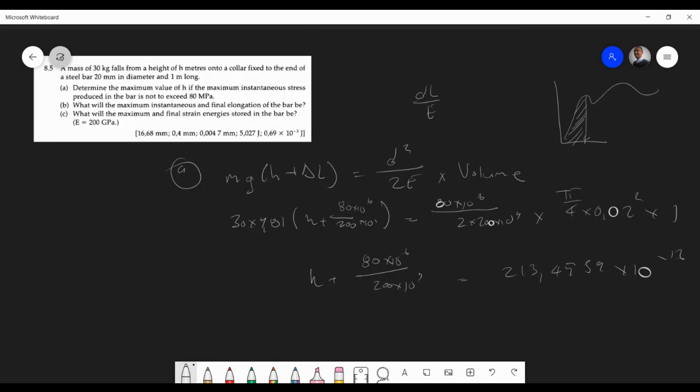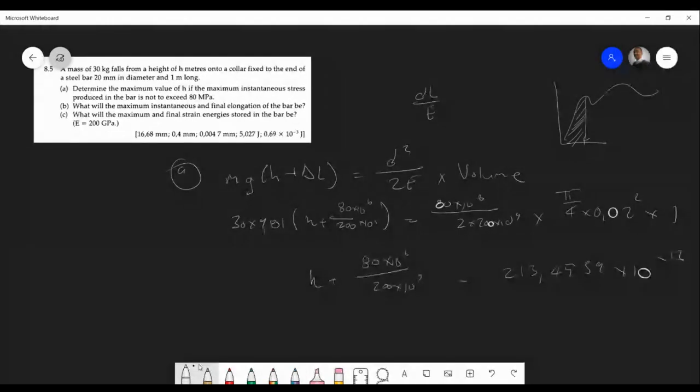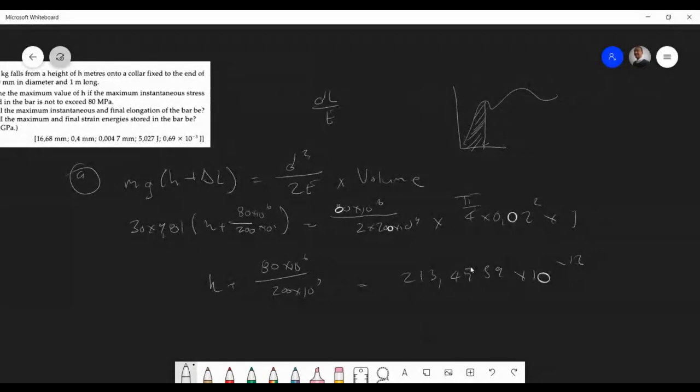What I'll just do now is carry this over. This doesn't feel right because now I'm going to end up with a negative value. I'm sure the procedure is correct, but I think the 30 times 9.81 should go the other side, divide.